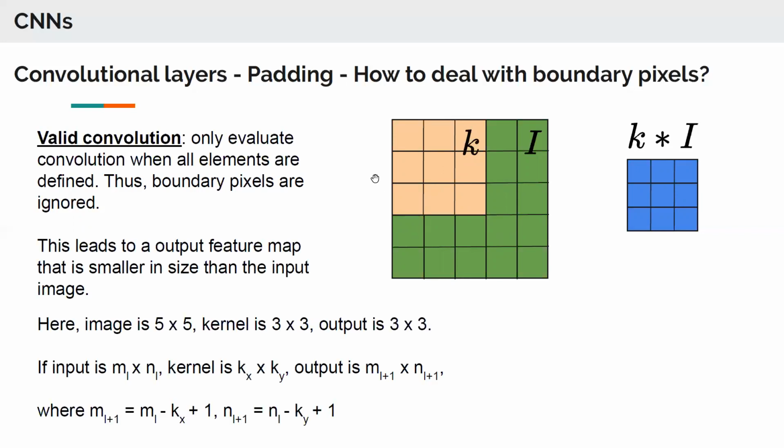So we get this reduction in size, and this reduction corresponds to the size of the kernel. So if the input size is m_l times n_l and the kernel size is k_x times k_y, then the output size gets reduced by this amount.